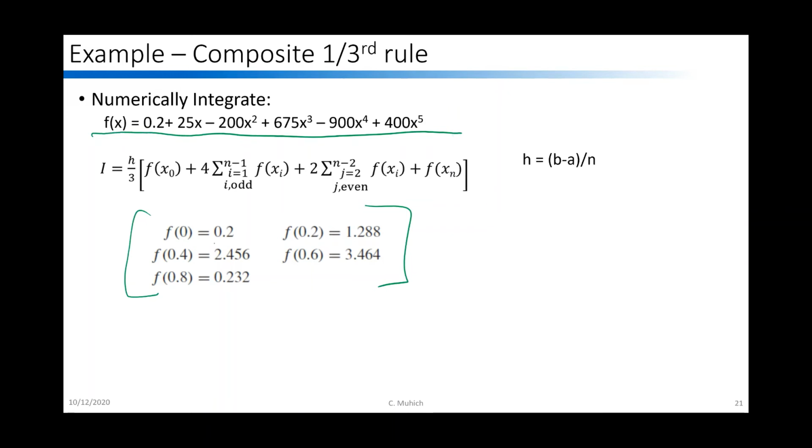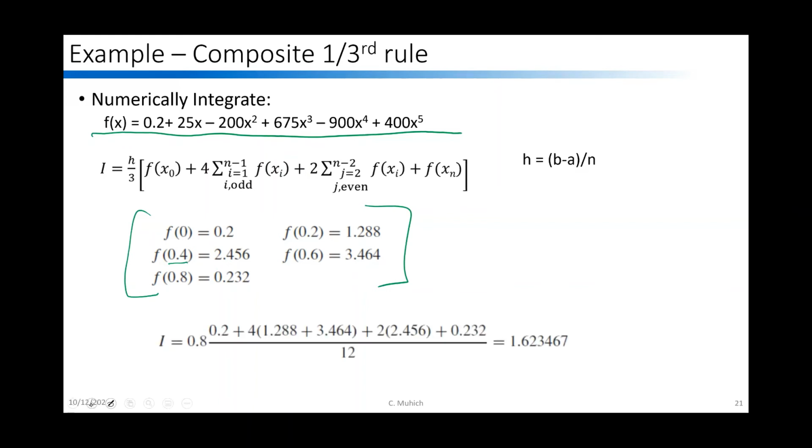When I do that, I can find that f of x0 is 0.2, f of 0.4 is 2.456, etc. It then becomes a matter of just plugging in these data points.